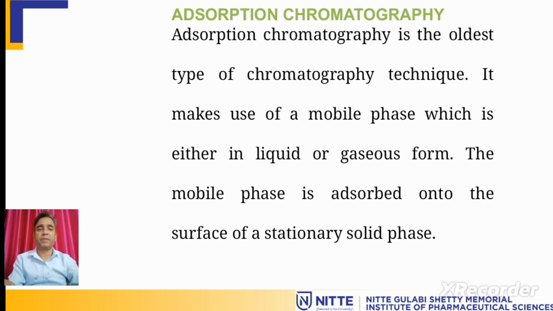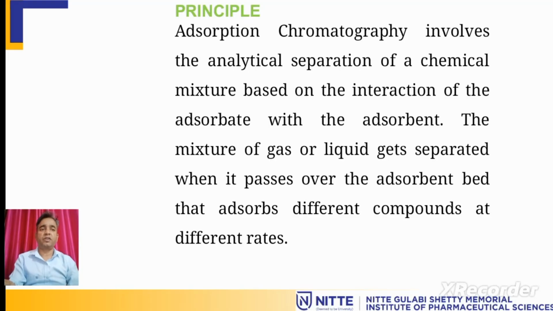So what is the principle for separation? Absorption chromatography involves the analytical separation of a chemical mixture based on the interaction of the adsorbent and adsorbate. The mixture of compounds or a liquid gets separated when it passes over the adsorbent bed that absorbs different compounds at different rates. Basically, the compound which has to be separated is placed onto the stationary phase, and then the mobile phase is poured onto it.